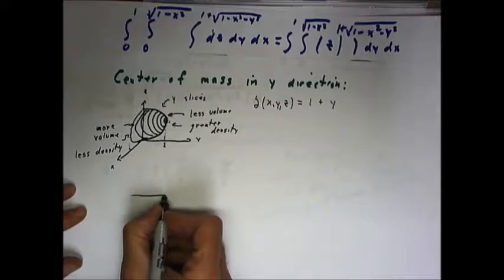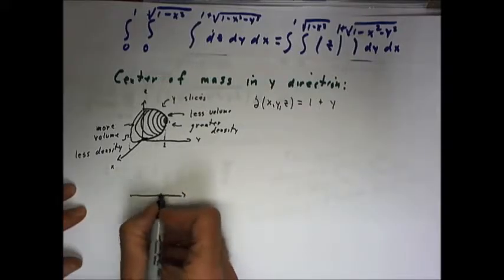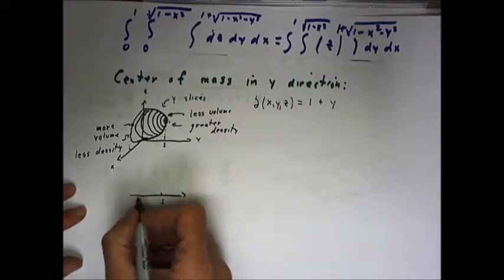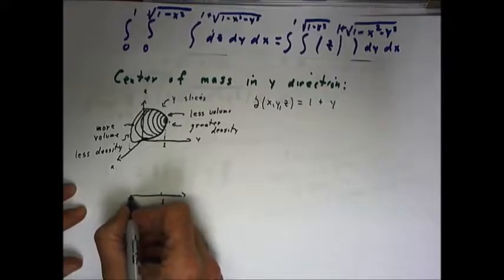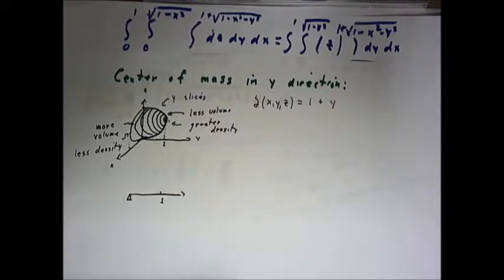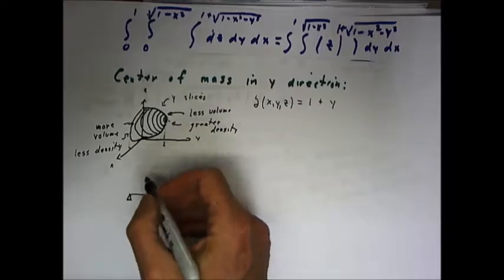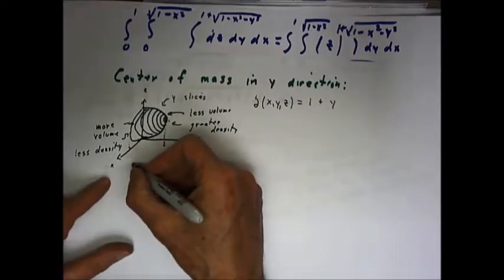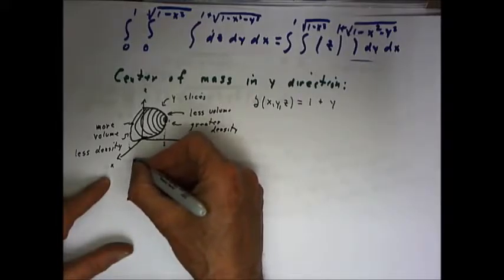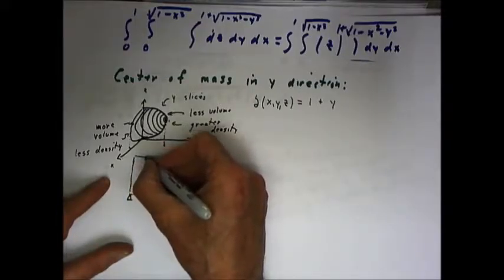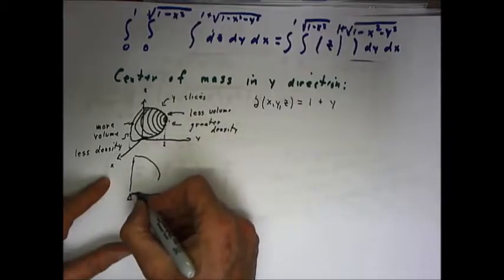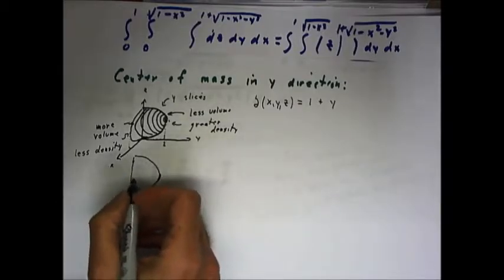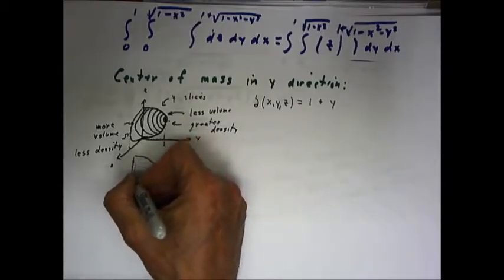If we draw just the y-axis here, the interval from 0 to 1, and imagine that we have some kind of a fulcrum here, we can see that a front view of this quarter of a sphere might look like this, again with our y slices.